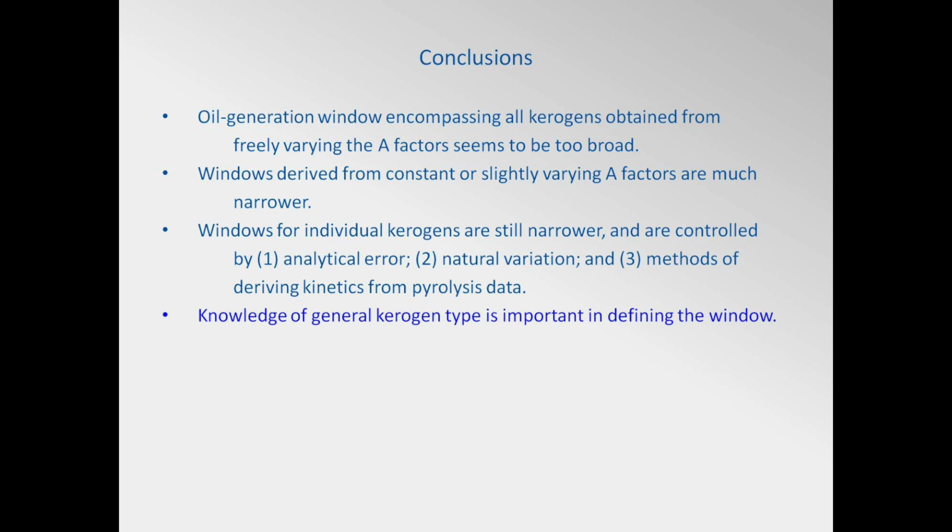Fourth, it's very clear that at least some knowledge of kerogen type is essential in defining the hydrocarbon generation window for any kerogen or source rock we're interested in. Fifth, if we really want to model hydrocarbon generation accurately or know the generation window accurately, we must actually obtain data for specific kerogens.